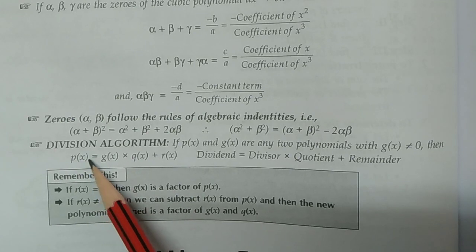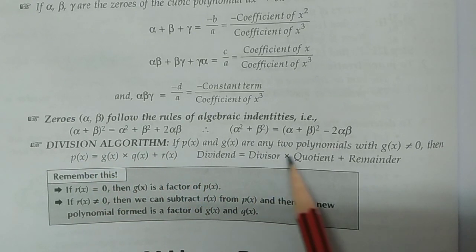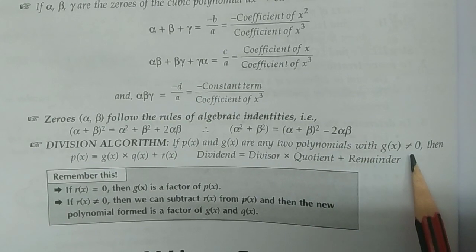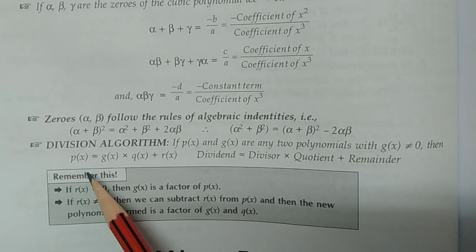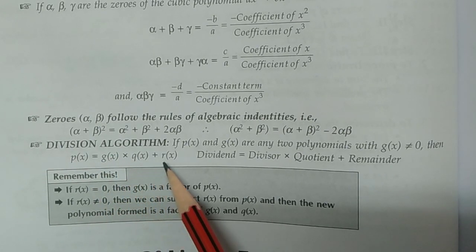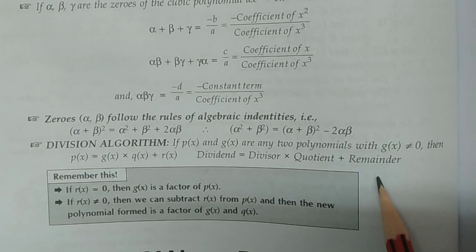Now next, division algorithm. If p(x) and g(x) are any two polynomials with g(x) not equal to 0, then p(x) equal to g(x) multiplied by q(x) plus r(x). So dividend equal to divisor multiplied by quotient plus remainder.